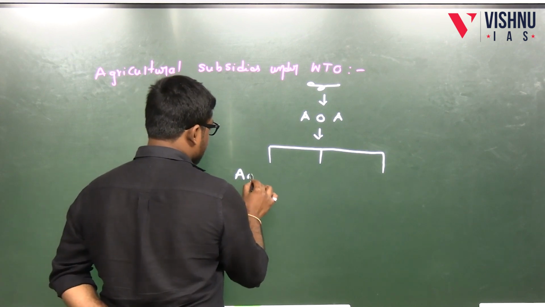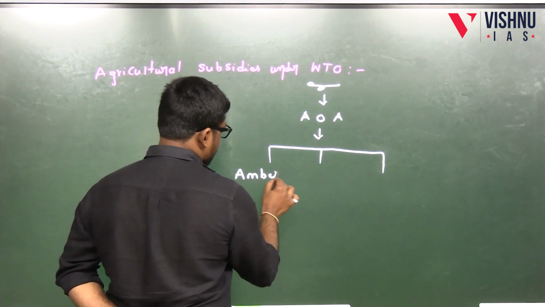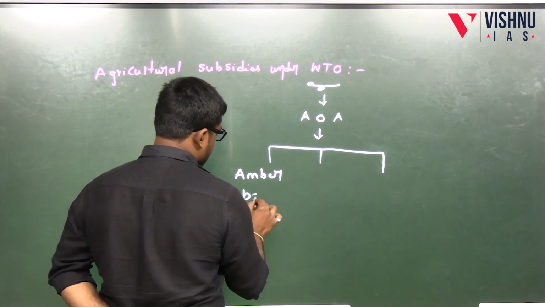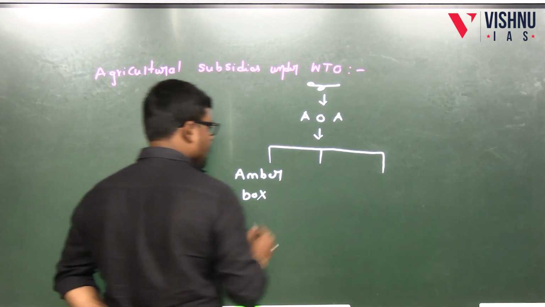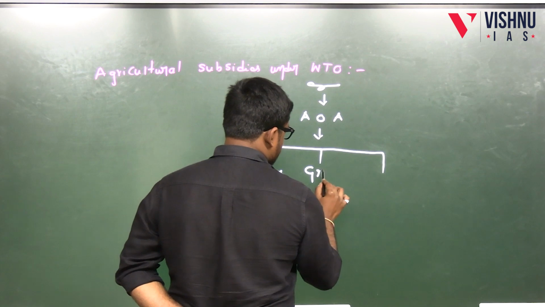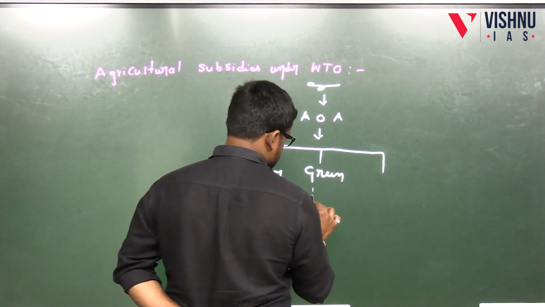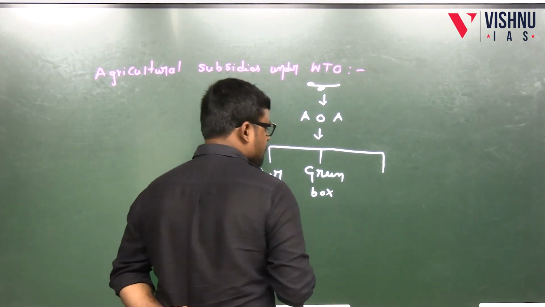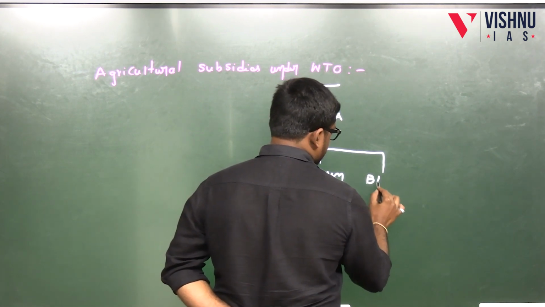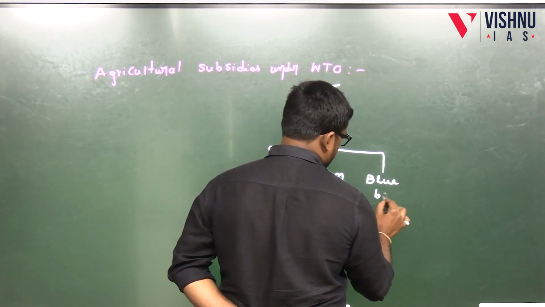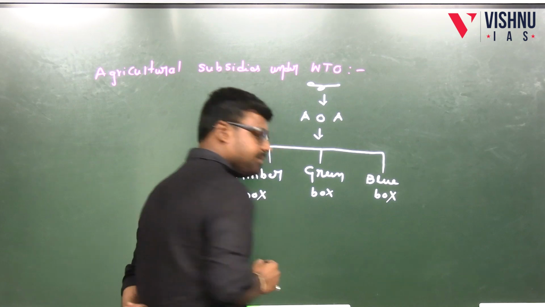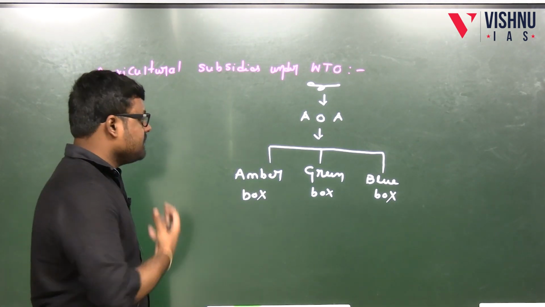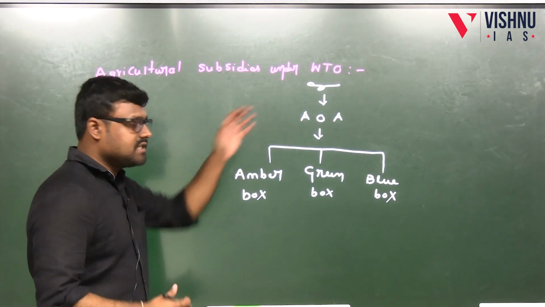The first one is Amberbox subsidies. The next one is Green Box subsidies, and the next one is Bluebox subsidies.